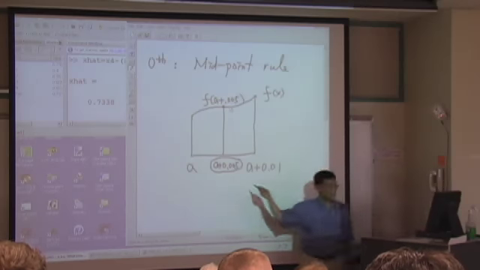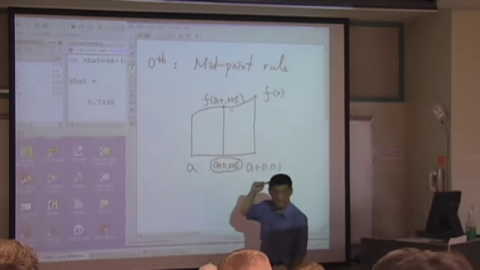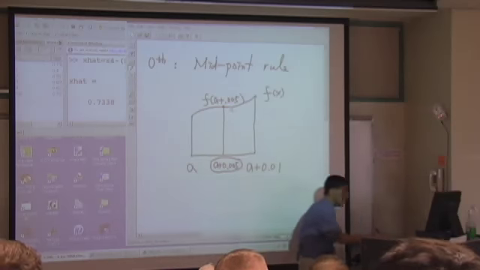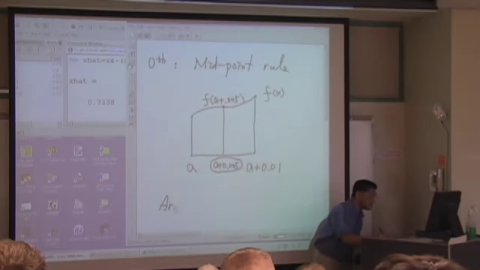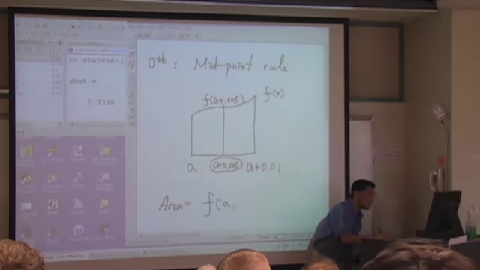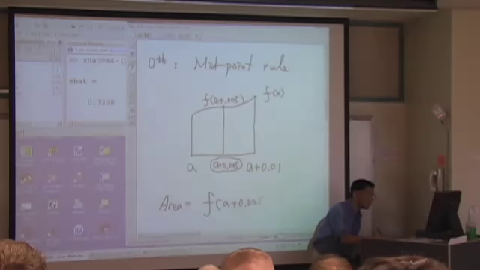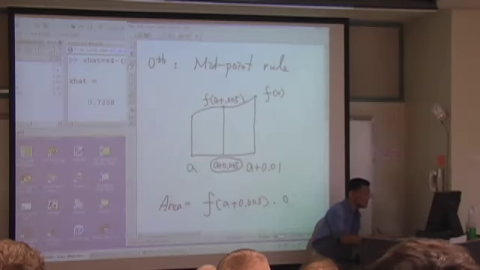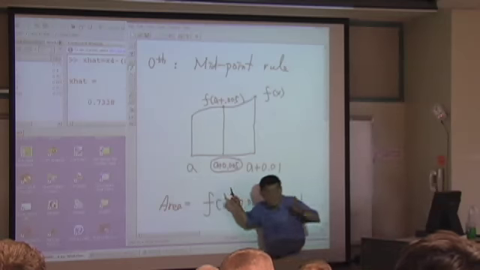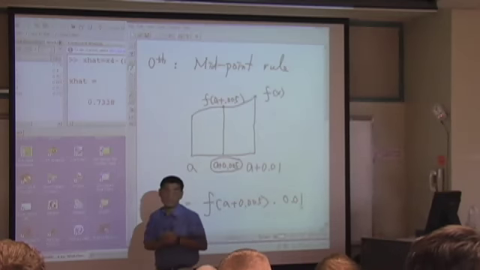This is the height. So what is the area? So this thin area equals f of a plus 0.005 multiplied by this length 0.01. So this is the area of this thin piece.